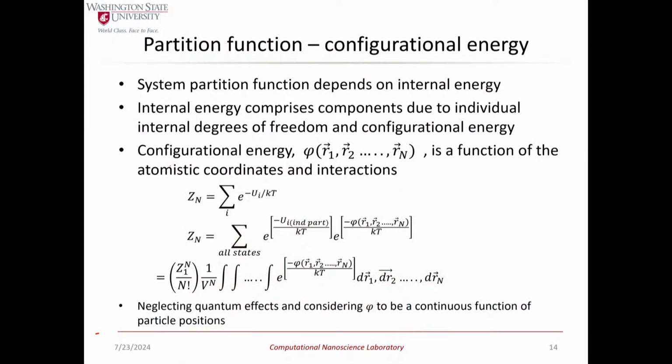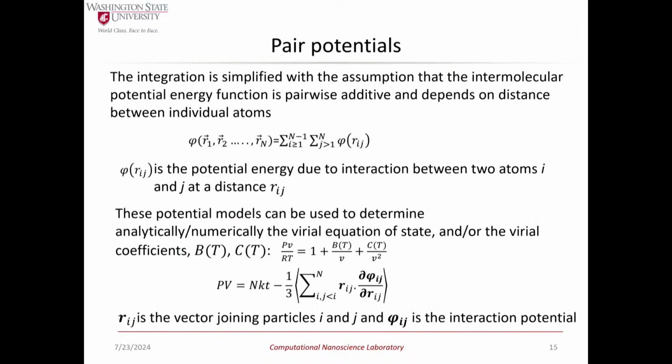Okay. So we defined the system partition function, and we talked a little bit about the configurational potential. Like I mentioned, realistically, a lot of times we assume that the potential function, which is a function of the location of each atom in that collection, can be broken down into pairwise interactions and pairwise functions.